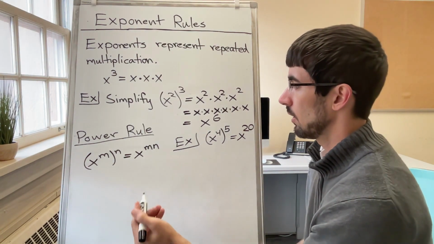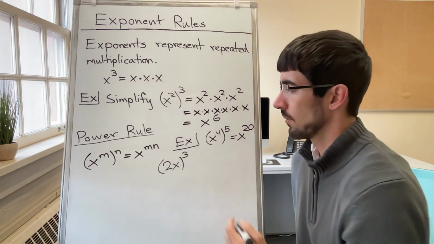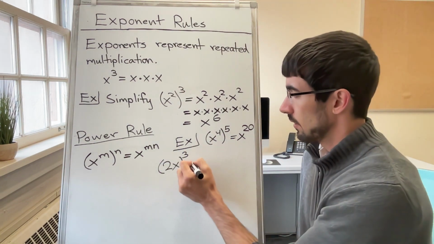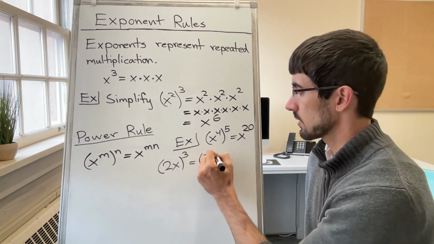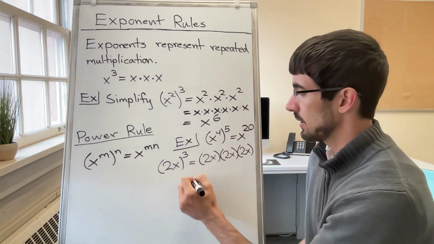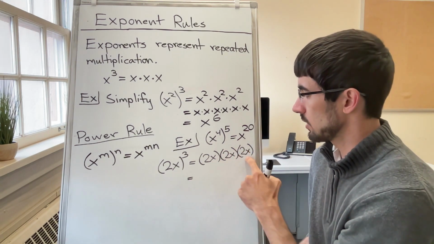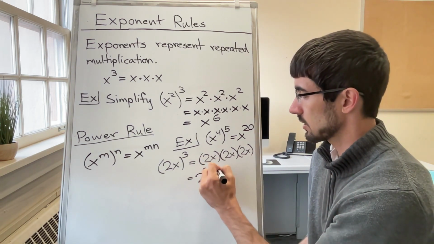For example, I could look at the term 2x cubed. This means 2x times 2x times 2x, right? And so we see if we collect these terms, I'll have 2 times 2 times 2, 2 cubed, x times x times x is x cubed.